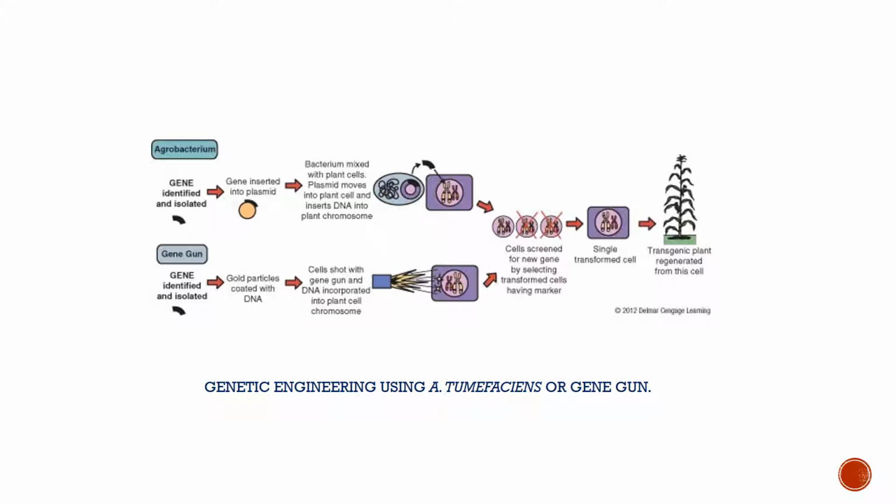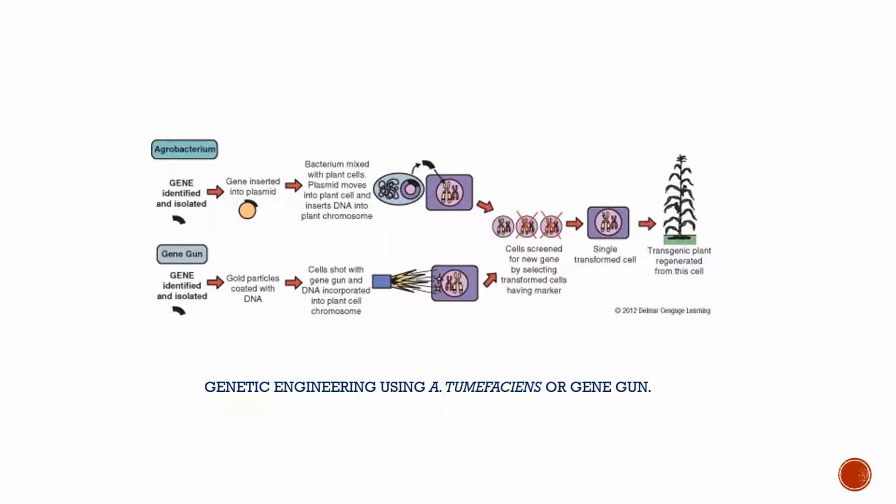It's just that specific gene. Then you go through the genetic process, those cells are screened, and the new gene is selected in the transformed cells because it has a marker. Then a single cell is transformed, and that transgenic plant will regenerate from that cell.